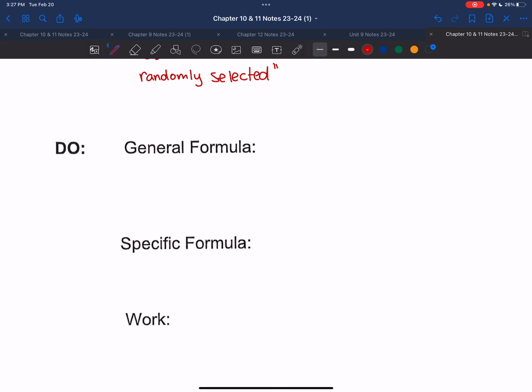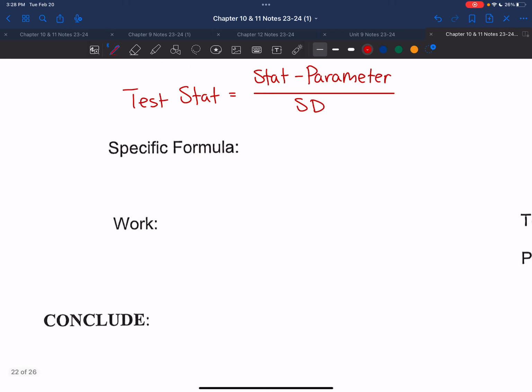Next thing, in the do section, we got a general formula. So remember, test statistic is equal to your statistic minus your parameter divided by your standard deviation. So specifically for this formula, we got t is equal to x bar diff minus mu sub diff divided by standard deviation, so that's S diff over root n.